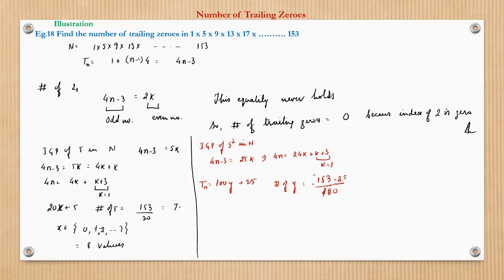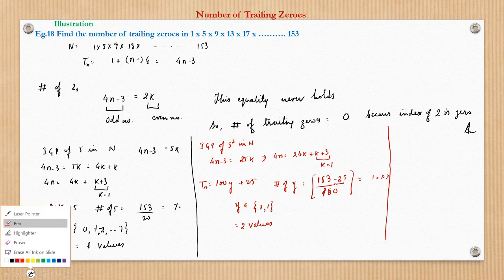So it will give me one decimal something. So y can take which values? 0 and 1, only two values. Now we will check for 5 raised to power 3.